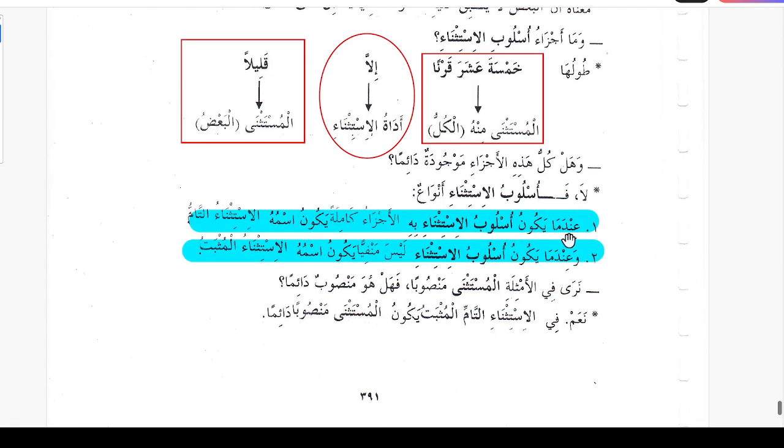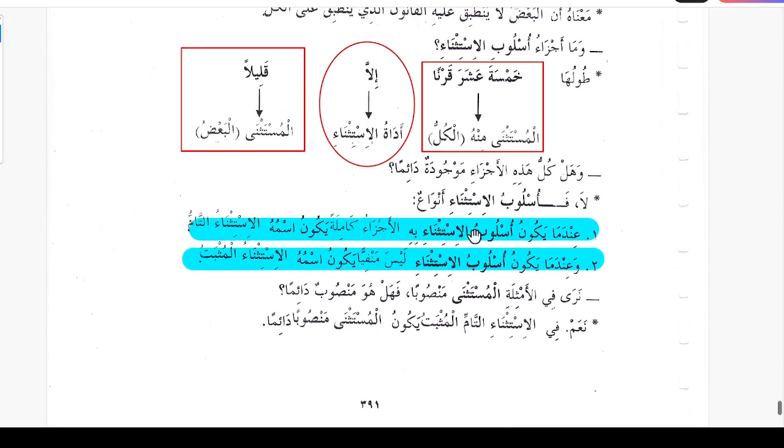Number one, indama yakunu uslubul istisnai bihil ajza ul kamilatan yakunu ismuhu al istisnau tamu. So when that sentence has these three parts, it is called istisnau tamu, the complete exception.